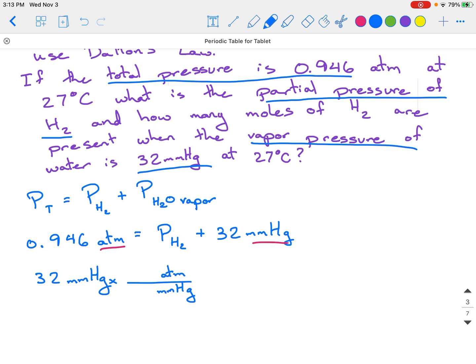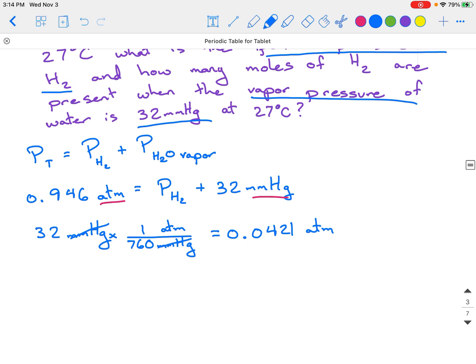Looking back at the notes we've done the last couple days, for every 1 atmosphere you have 760 millimeters of mercury. Again, that is going to be on that equation sheet for you, not something you'll have to memorize. Millimeters of mercury cancel out, and this gives me 0.0421 atmospheres. Now my units are matching up. Now I can go through and solve this.